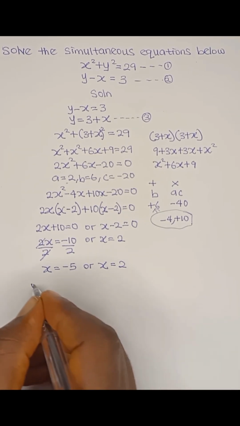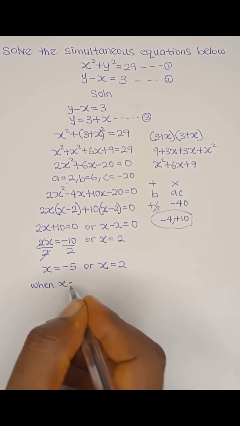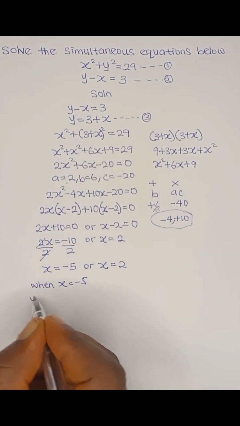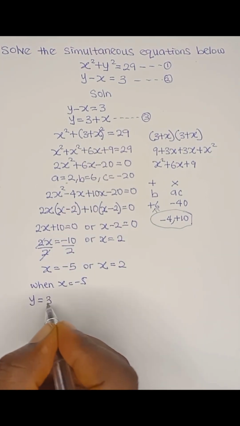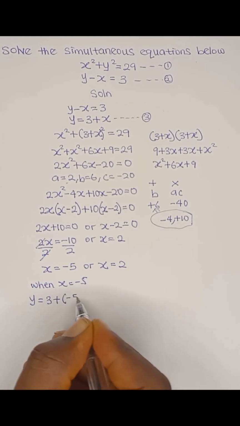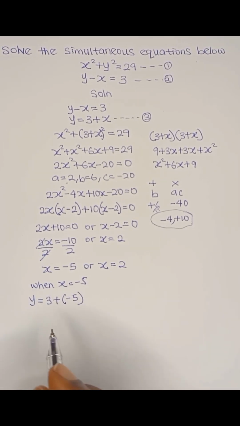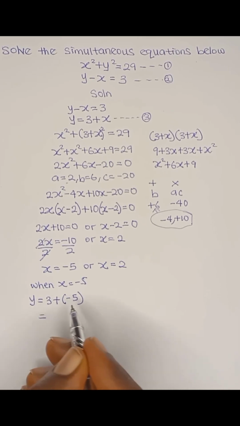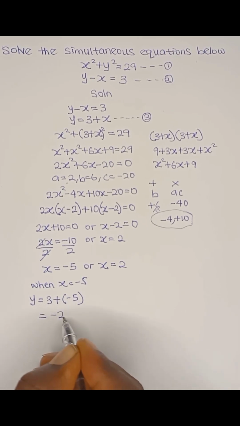When x is equal to minus 5, going back to equation 3, y is equal to 3 plus minus 5. Plus times minus will give us minus. So y is equal to 3 minus 5, which gives us minus 2.